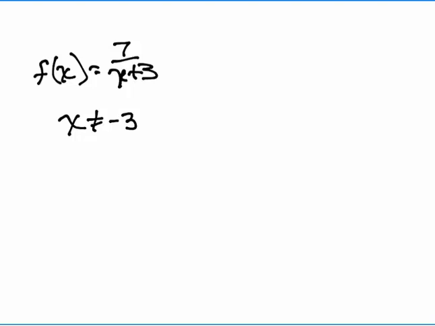Does that make sense? Please email me if you're having trouble with this concept. It's not entirely easy to grasp in the beginning, but at this point, we're just wanting to know what the domain is. And for the domain of f(x), it can be any number, but not a negative 3.